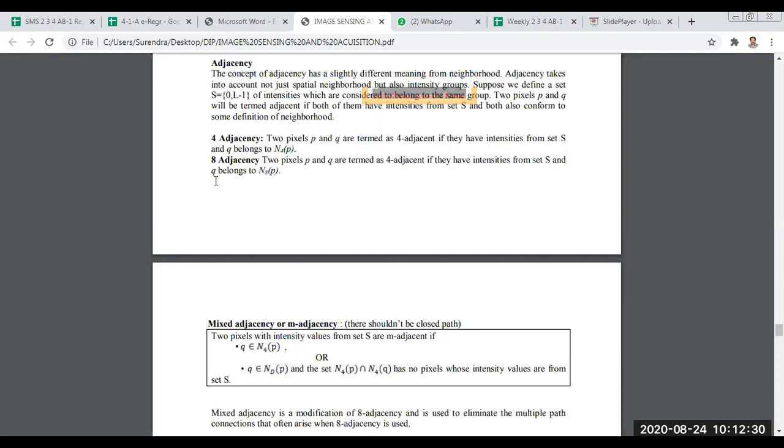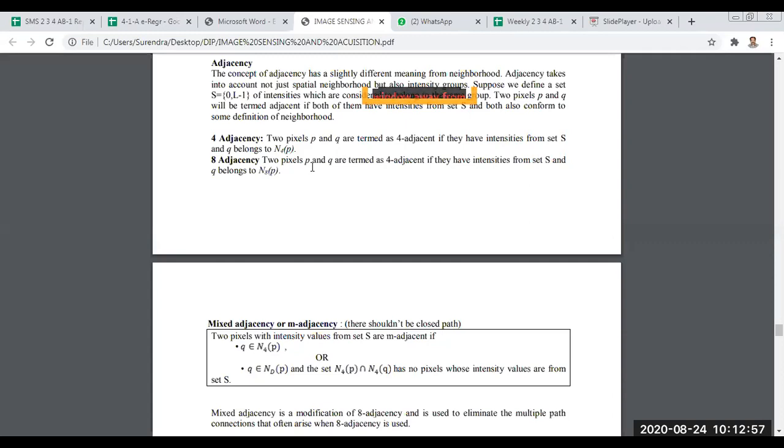The same analogy applies to 8 adjacency. In 8 adjacency also, remember p and q are two different pixel values of two different images, but both have the same intensities of set S, and q must belong to N8 of p. What is N8 of p?